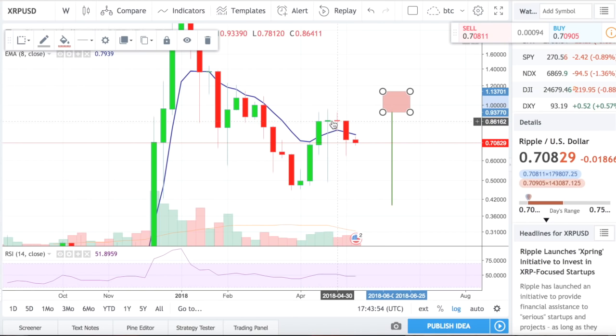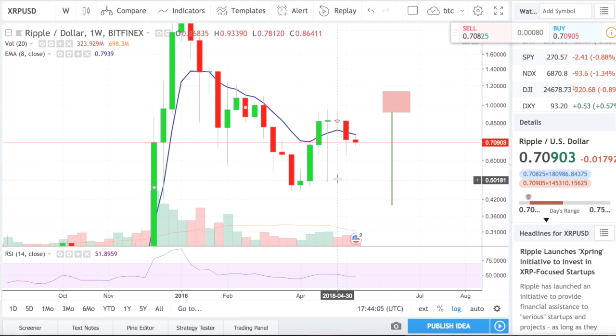It means that it could have started as a different color. So this one definitely started as a red candle. This one definitely started as a red candle. Look at this. It went all the way down to here. And you know what this means, guys? When you see these long wicks, it means that there's a lot of price manipulation.